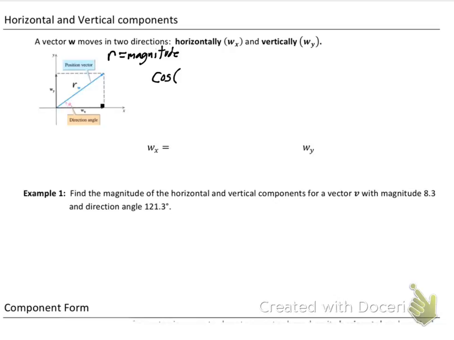So we're going to use cosine of that theta to relate our horizontal component with our magnitude. And that's going to be adjacent over hypotenuse, so that's just going to be our horizontal component, which is w sub x, all over our magnitude, which is r. And if I want to solve for w sub x, we're just going to multiply both sides by r, and we're going to come up with w sub x actually equals r times the cosine of theta.